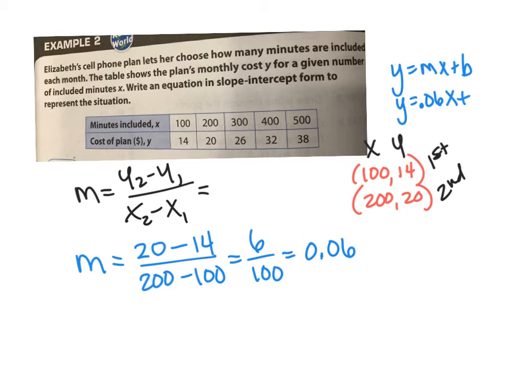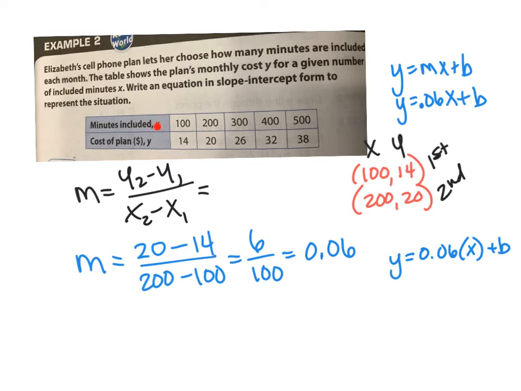So let's go ahead and take, let me put the b here. Let's go ahead and take this, y equals 0.06 times x plus b. And let's take one of our xy coordinates and plug them in for x and plug it in for y. Use the lowest one you can, because why calculate with big numbers if we don't have to, right?